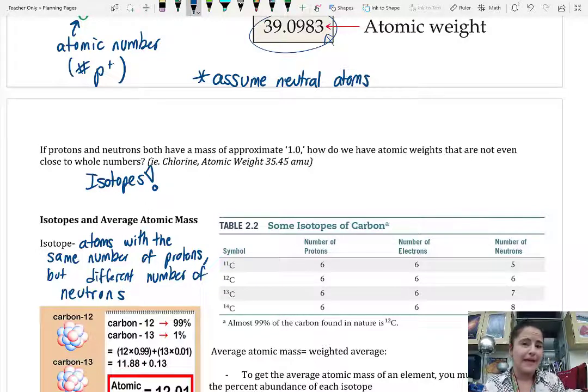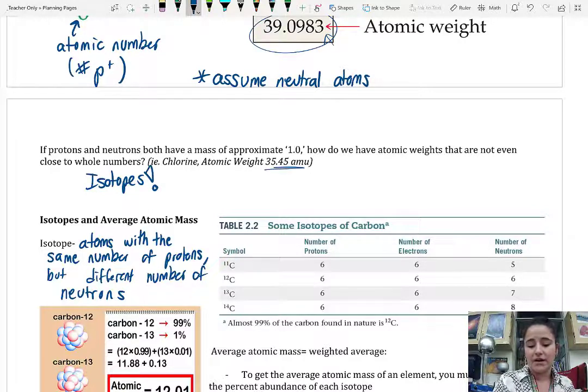Okay, so they're the same atom. Remember, it's the protons that determine the identity of an atom. But if you have one carbon with a mass of 12 and one carbon with a mass of 14, or carbon 14, those atoms are isotopes of each other.